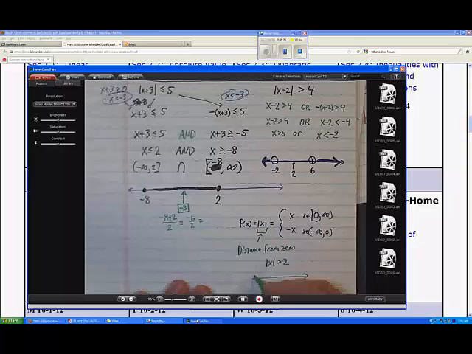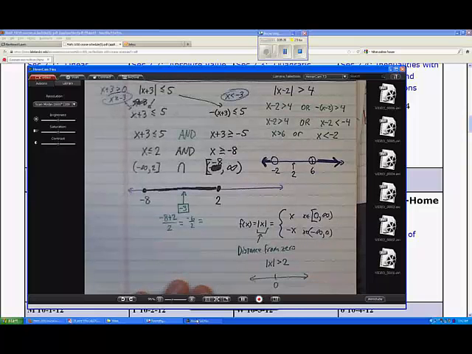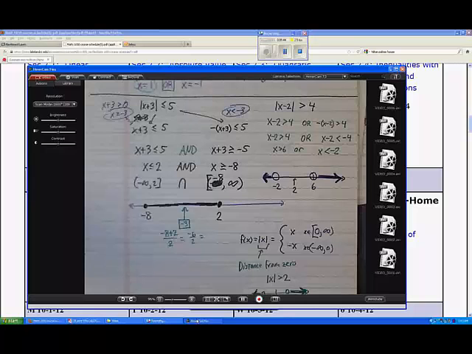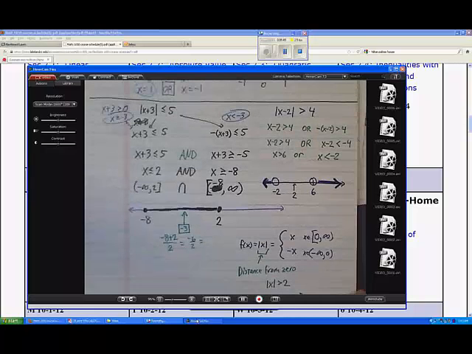Well, here's 0. What does it look like? X is greater than 2, or x is what? Less than negative 2. Because these points I'm coloring in are the ones whose distance is greater than 2. Distance from what? 0.